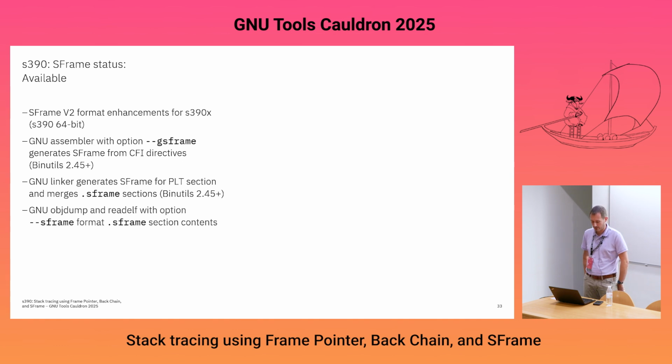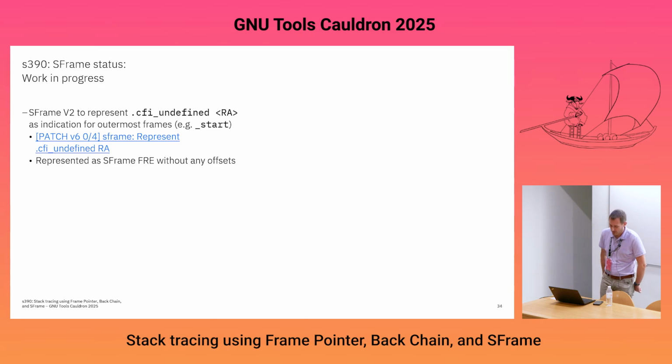And the GNU linker also generates SFrame for the PLT section and is capable of merging the SFrame sections. And that is common code. GNU objdump and readelf with option --sframe can format the SFrame information. So from a toolchain perspective, there is everything available to now generate ELF binaries with SFrame and to inspect the contents.